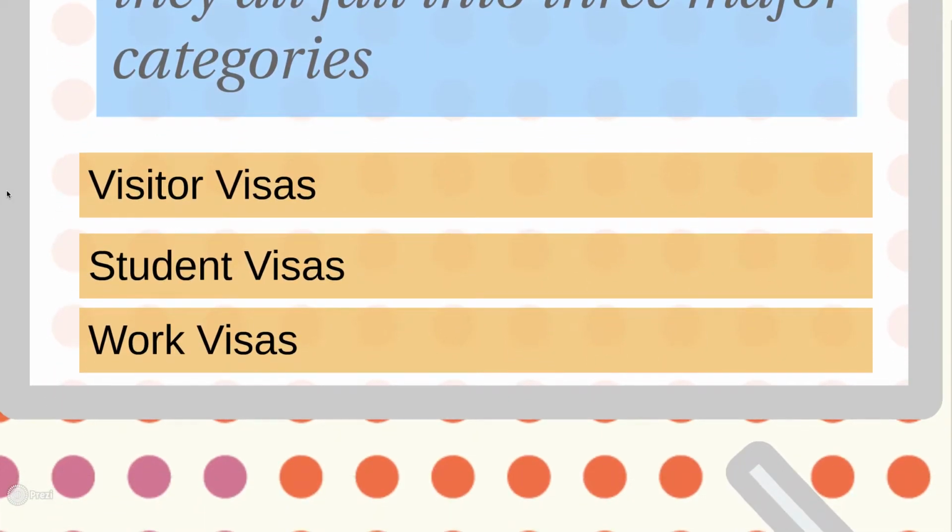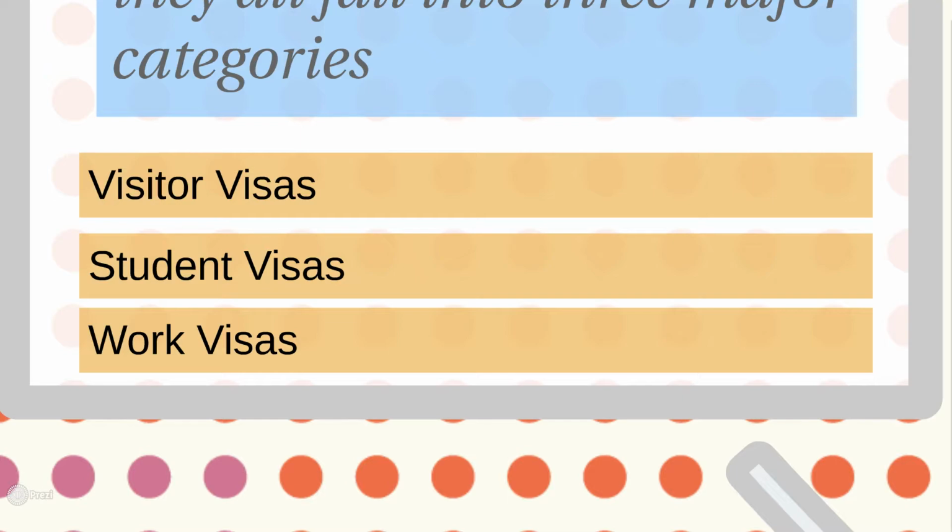Next we have student visas. These are issued to people studying at what the government calls designated learning institutions, usually public colleges or universities. And this helps you on your way to permanent residence.